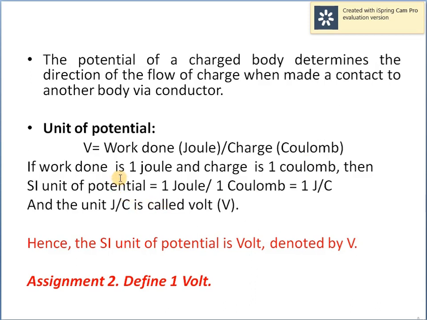So if work done is 1 joule and charge is 1 coulomb, then the SI unit of potential becomes 1 joule per coulomb, which is also called volt, generally denoted by capital letter V. Hence, the SI unit of potential is also volt.